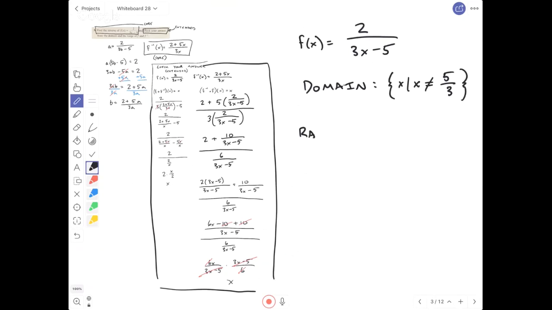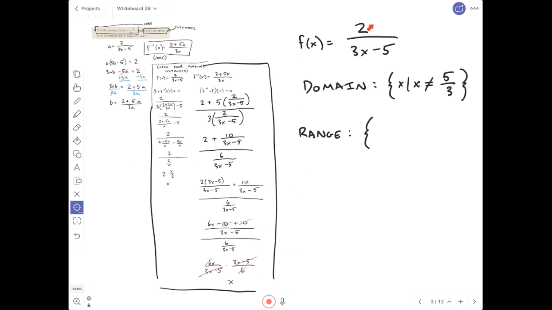And the range is, well, is there anything I can't get out of this function? Well, I don't think this function can ever equal just 2. No, it could equal just 2 if this down here was 1.